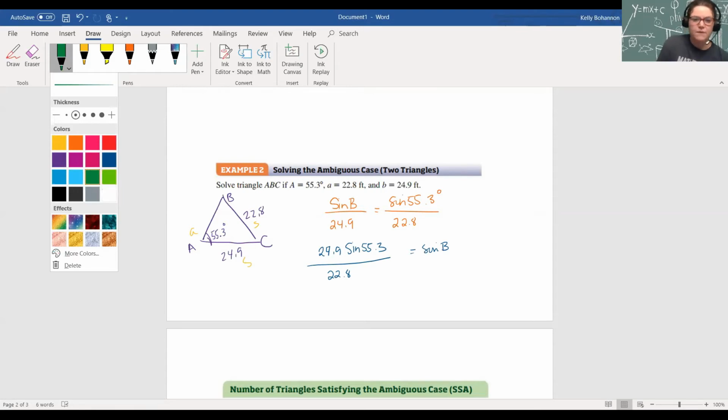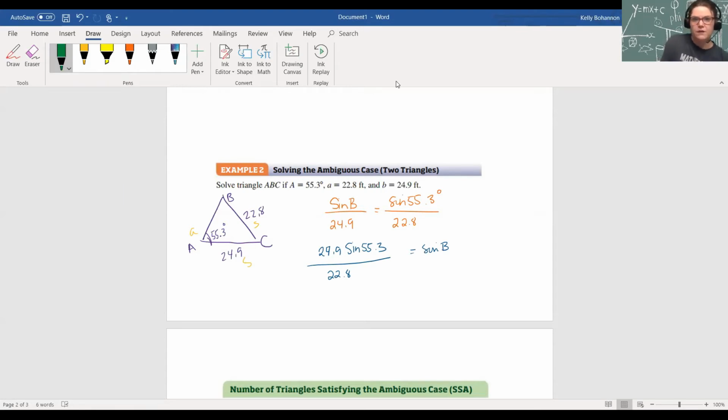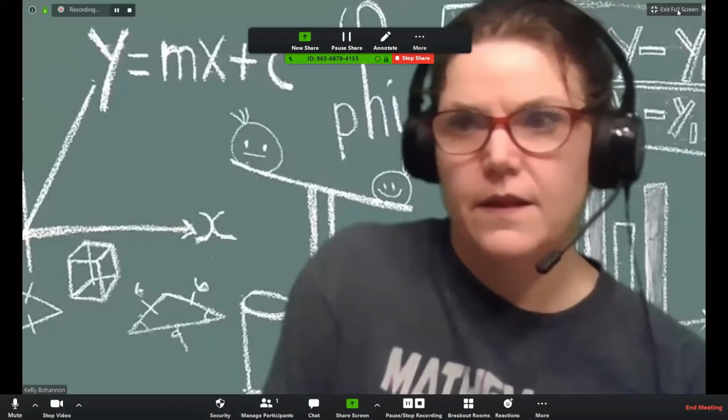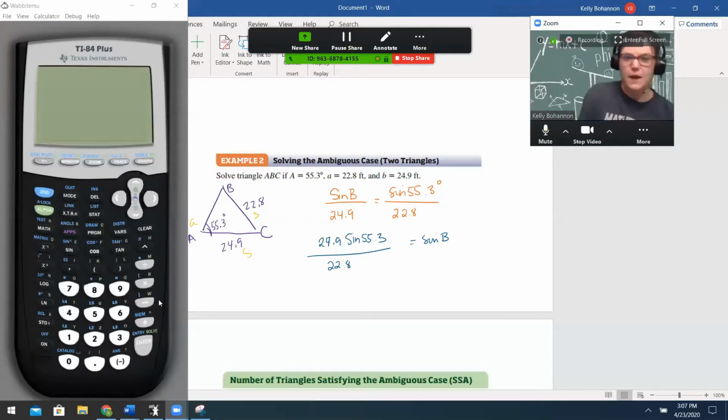So let's just plug that value into our calculator and see if that value is greater than 1. And if it's not, then we'll worry about the arc sine. So let's see. 24.9.